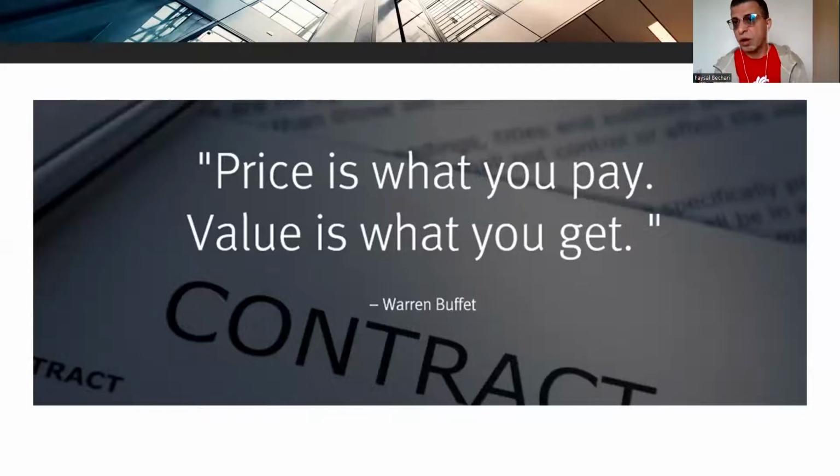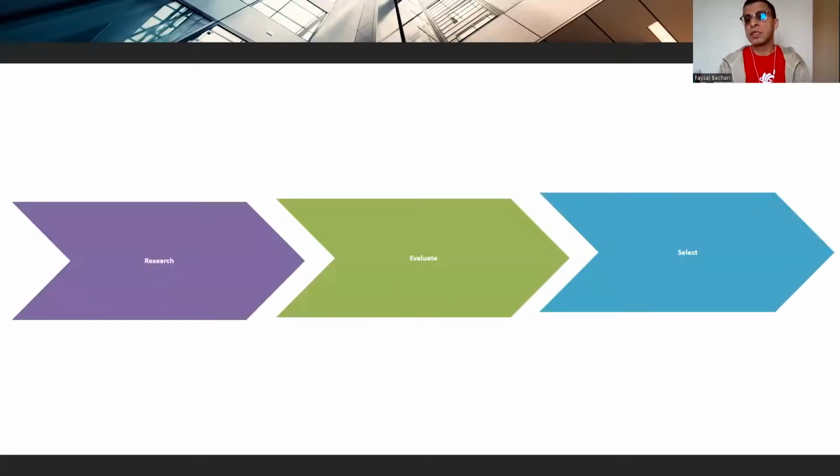So a Ferrari would be worth not much to me if I'm in downtown Winnipeg, because I cannot speed up, I cannot drive it very well, and all I'm going to do is take a selfie with it. So the value of a Ferrari would be very limited compared to the price that I'm paying for it. This is what we are looking for when it comes to IT.